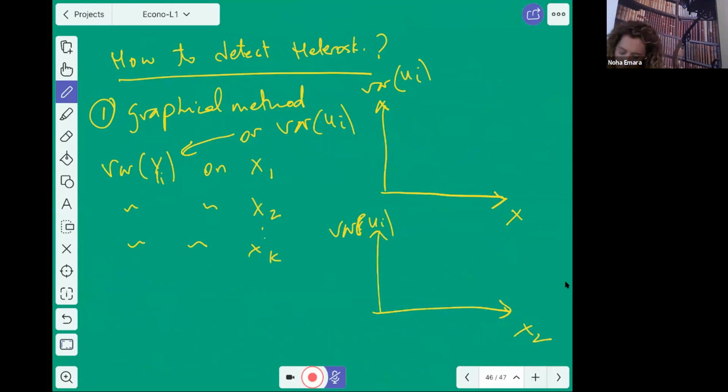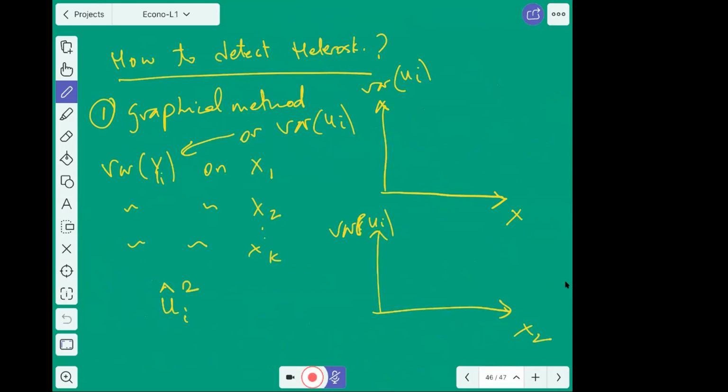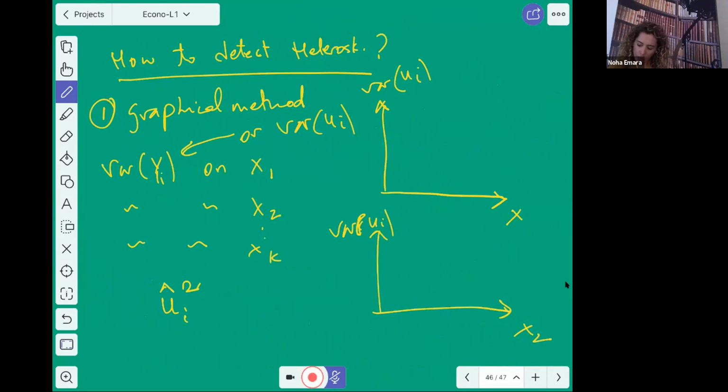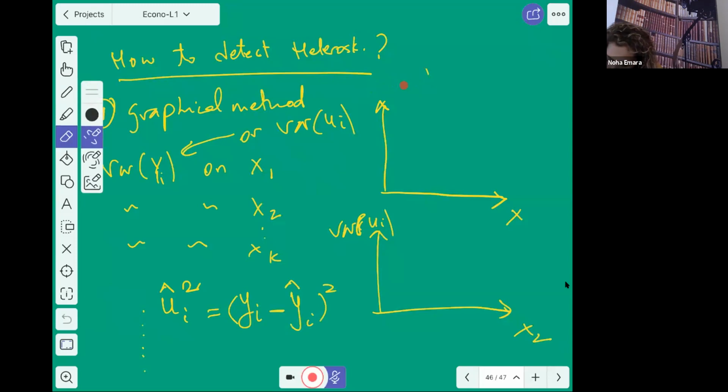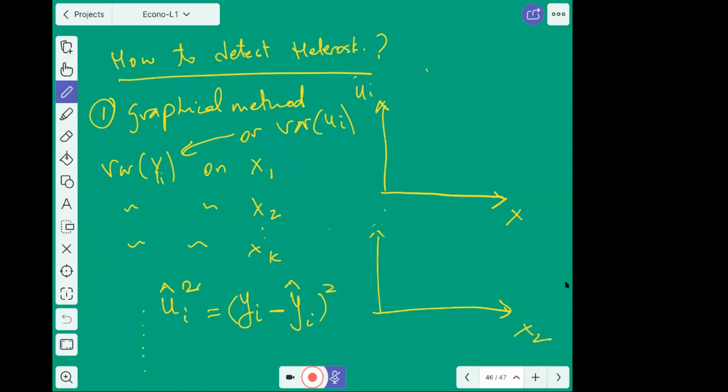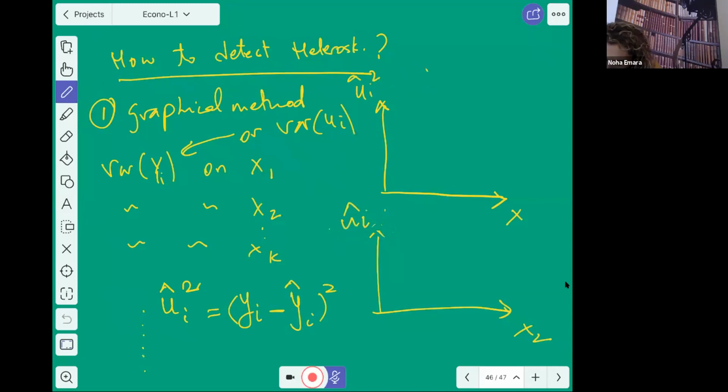You can simply use ui hat squared as an estimator for the variation, because this is the distance between each yi and the estimation yi hat, squared, and it moves for each observation. So you can say it's going to be ui hat squared, ui hat squared, ui hat squared.